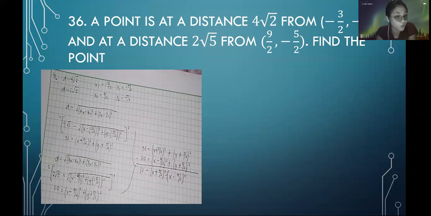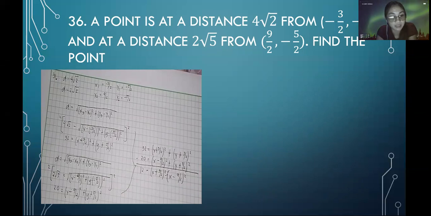Then the other one is the distance 2 square root of 5. So 2 square root of 5 is equal to the square root of x minus 9 halves squared plus y minus negative 5 halves squared. So 2 square root of 5 squared is equal to 20.